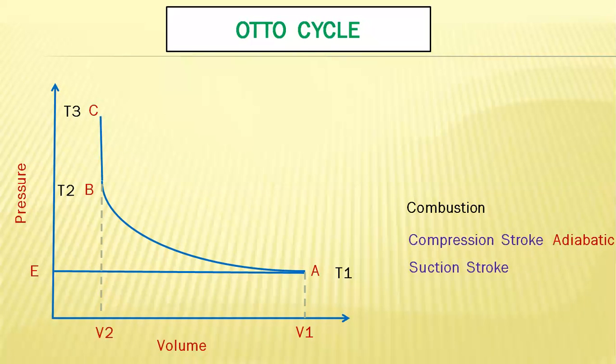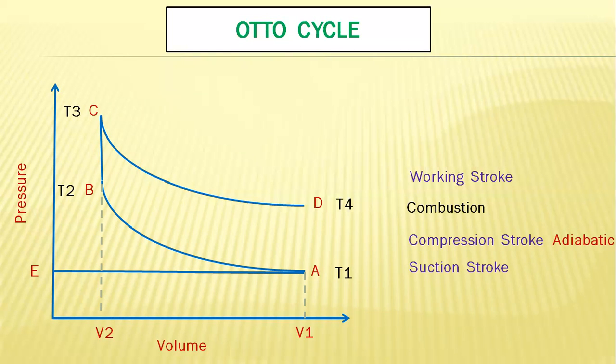Then after the combustion, at high temperature and pressure, the piston moves in the backward direction. The gas expands adiabatically. With the expansion, volume increases and pressure decreases. C to D represents the working stroke, and the temperature changes from T3 to T4, and this working stroke is an adiabatic process.